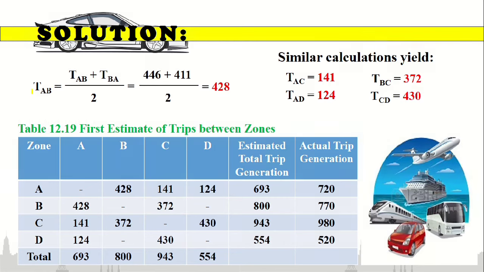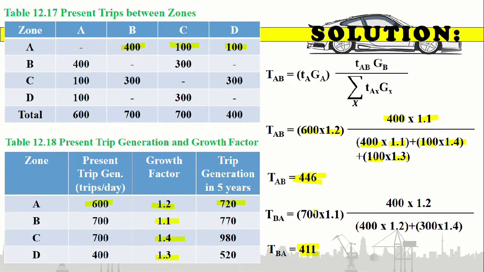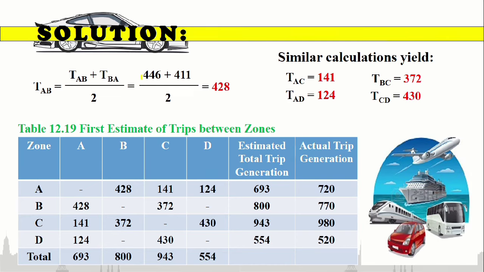Ang gagawin natin formula is yung TAB is equal to TAB plus TBA over 2. So, substitute lang natin yung nakuha natin, 446 and 411. Divide natin sa 2. Ang makukuha nating first estimate of trips between zone is 428. Yun yung sa AB.